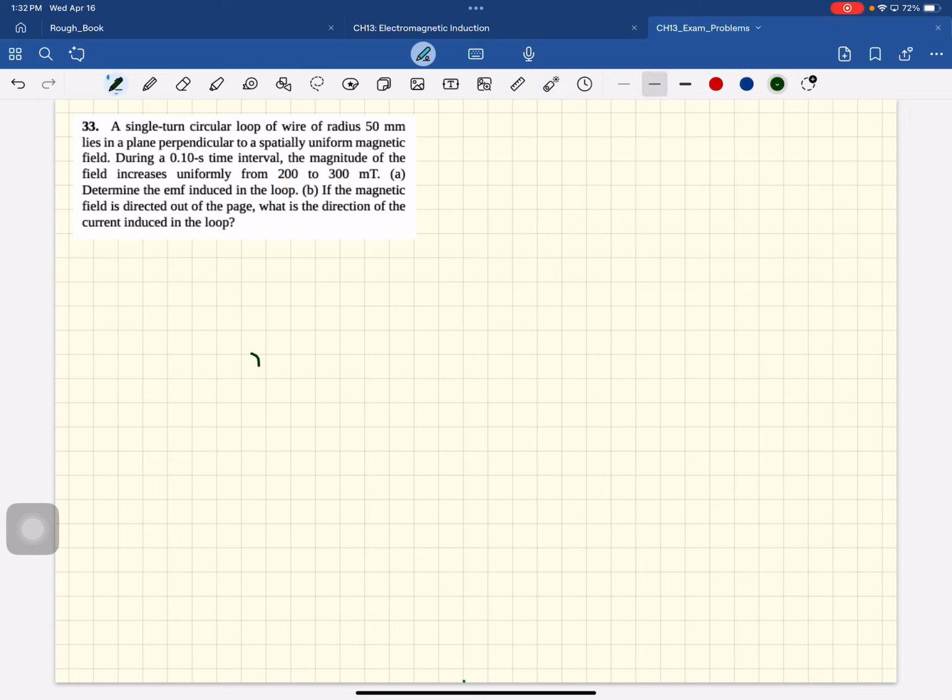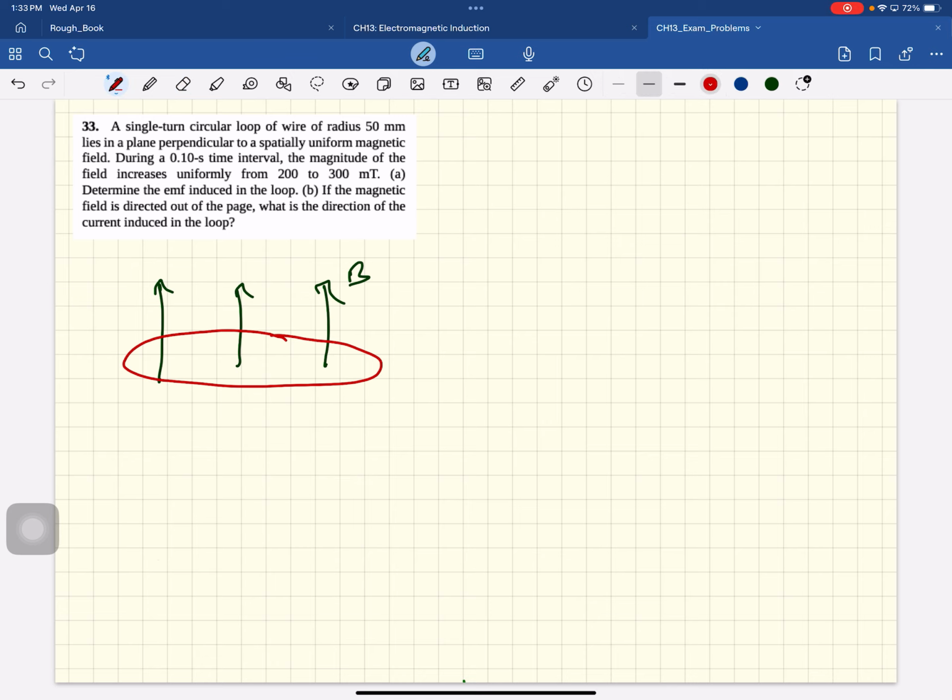So again, it's a similar problem. So here's a magnetic field, and a circular loop of wire. And the magnetic field is increasing.